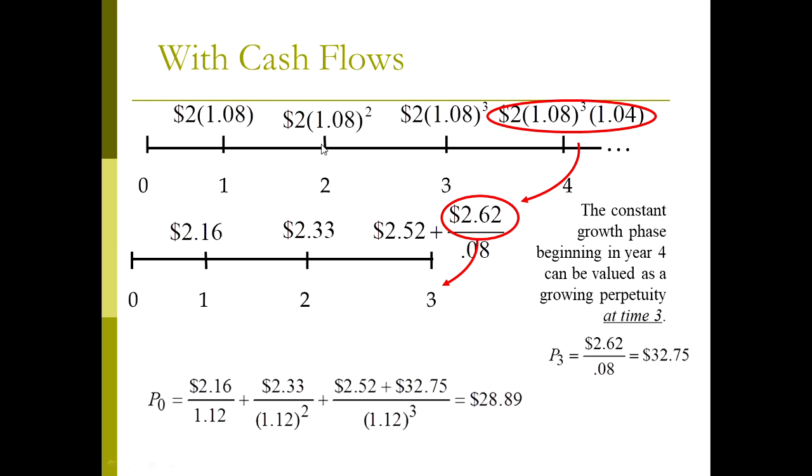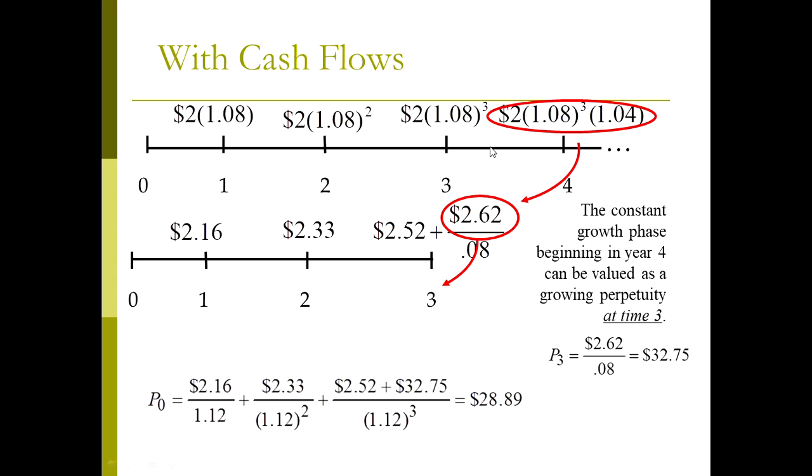Second year, another 8% growth. Third year, another 8% growth is reflected in the power term. Okay? Starting from year 4, the company will be growing at 4% forever and ever.